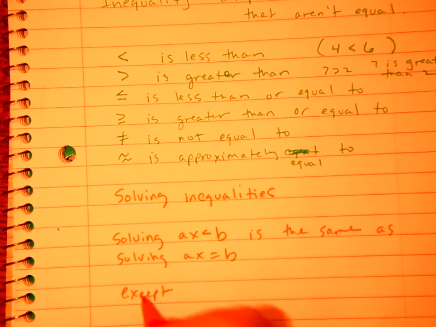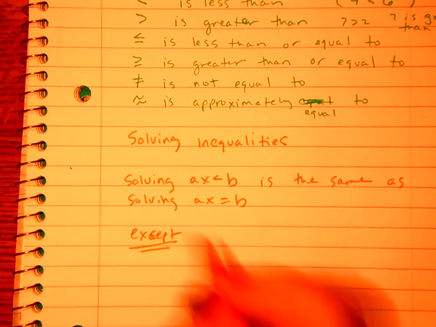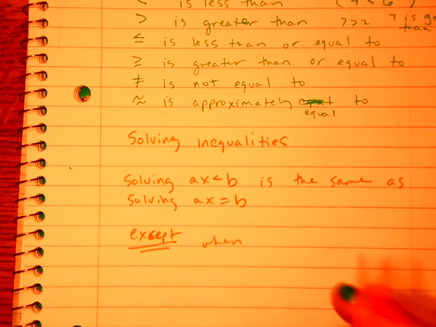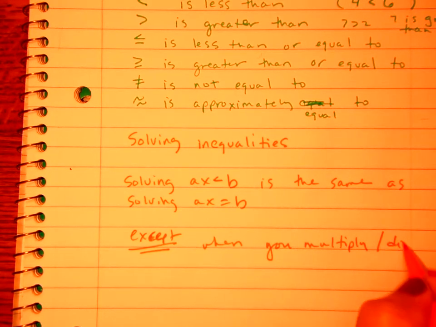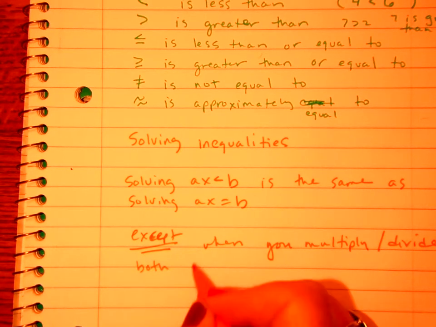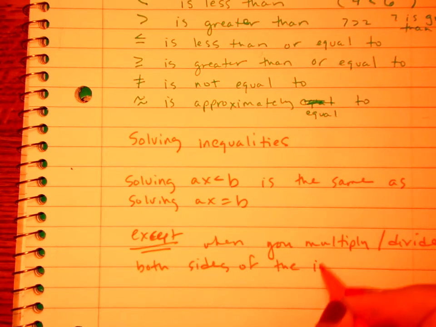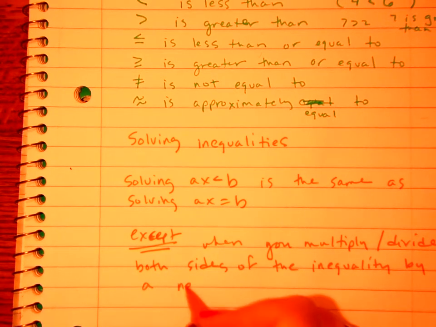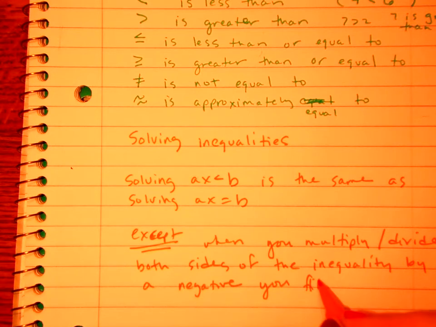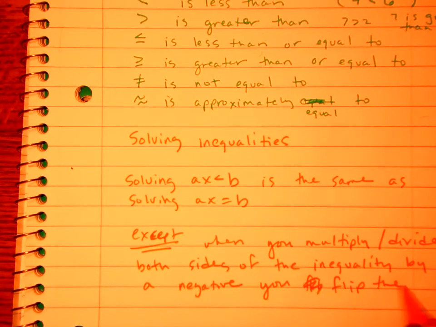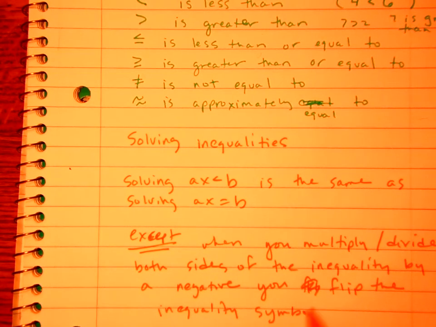Except, and this is the key piece here, when you multiply or divide both sides of the inequality by a negative, you flip the inequality symbol. Okay?